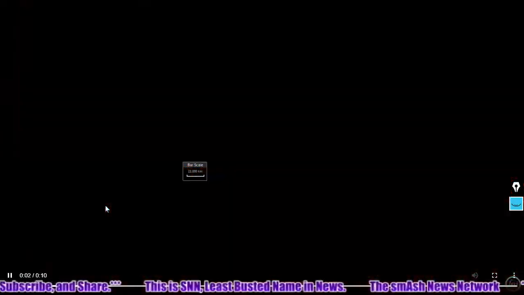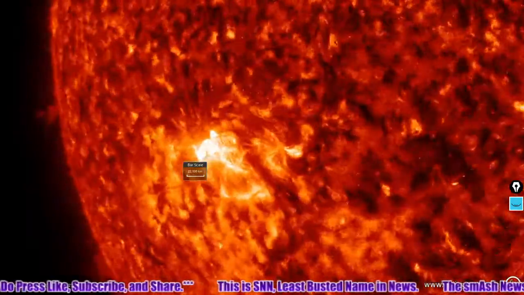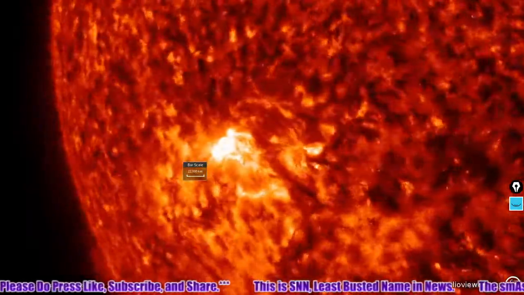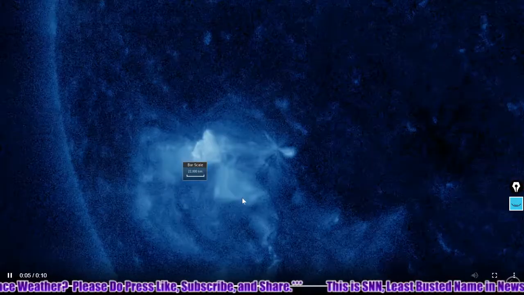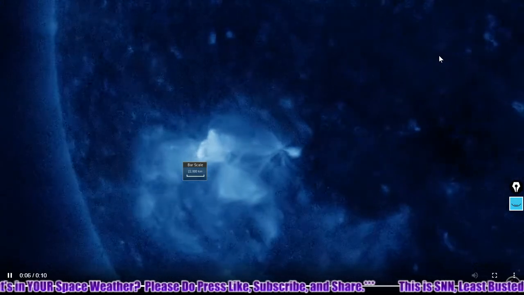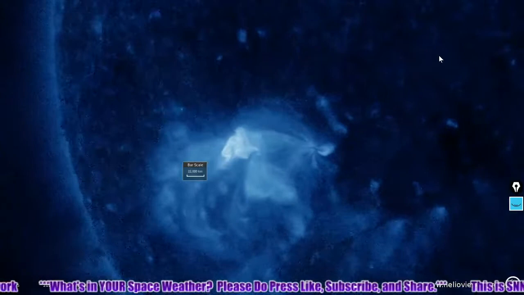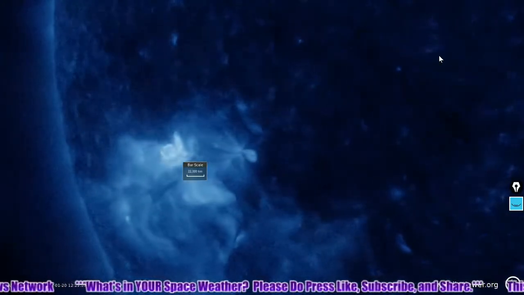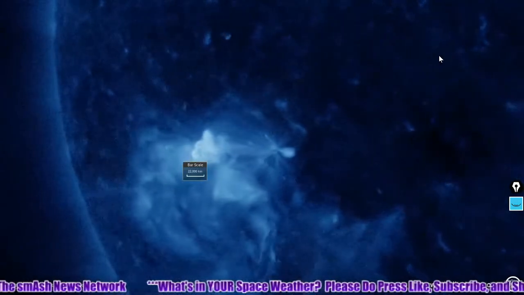And today we're showing you the bar scale with the 22,000 kilometer bar there. There's 304 angstroms. Here's 335 angstroms. And again, that C-class flare happened at 12:50 Universal Time yesterday.